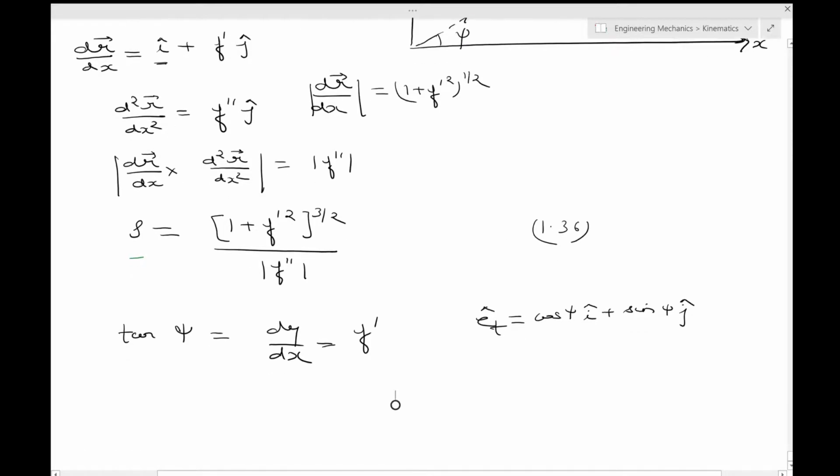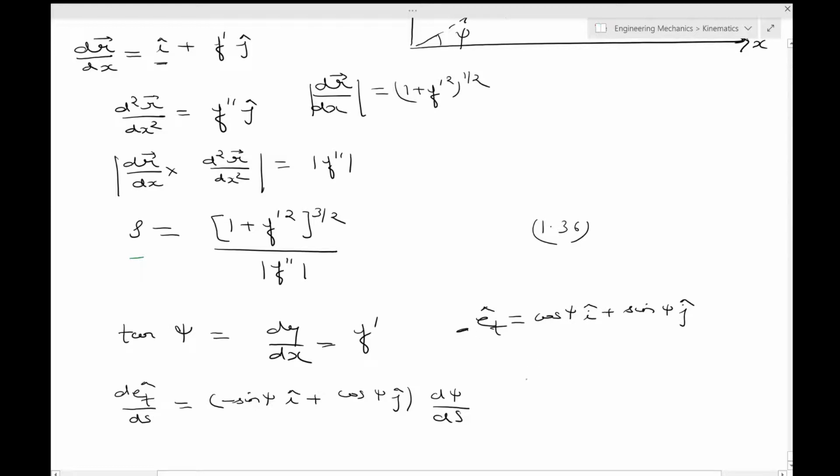And then det by d psi equals minus sin psi i hat plus cos psi j hat, times d psi by ds. That would come just by differentiating this with respect to s.